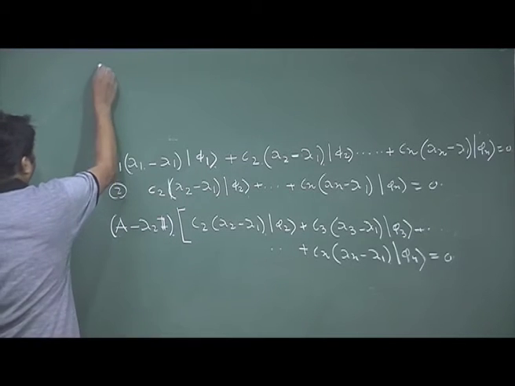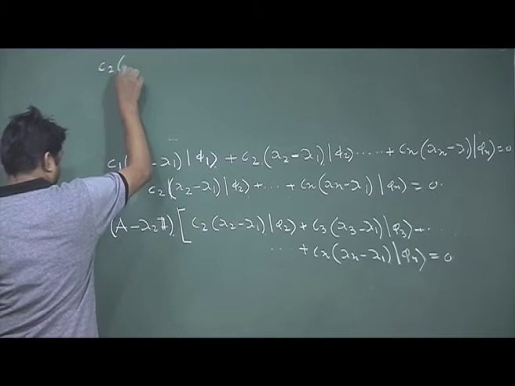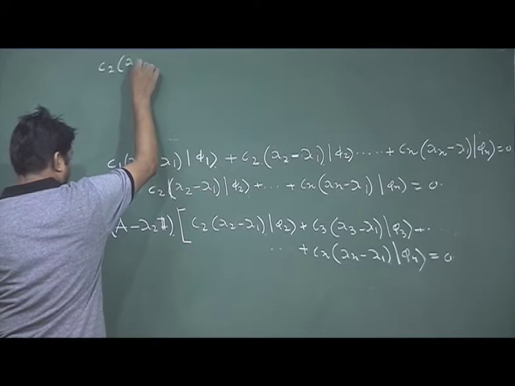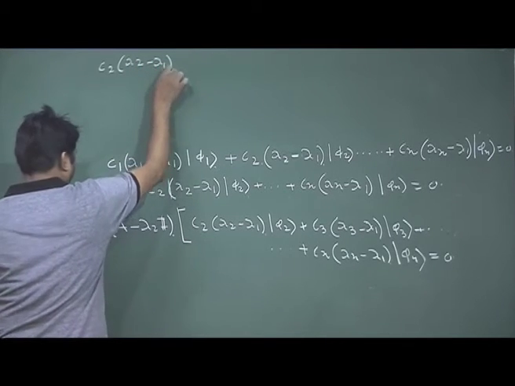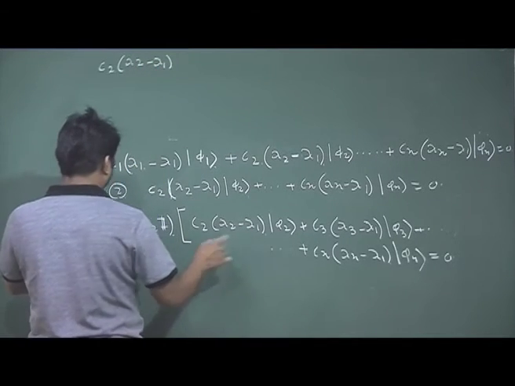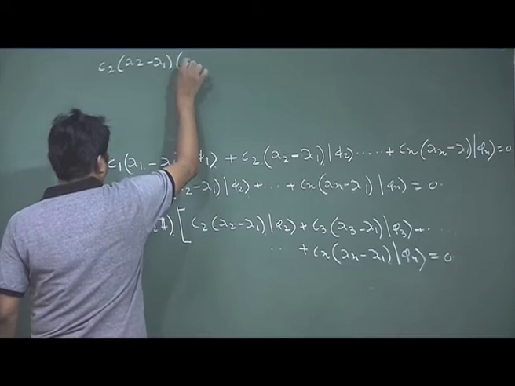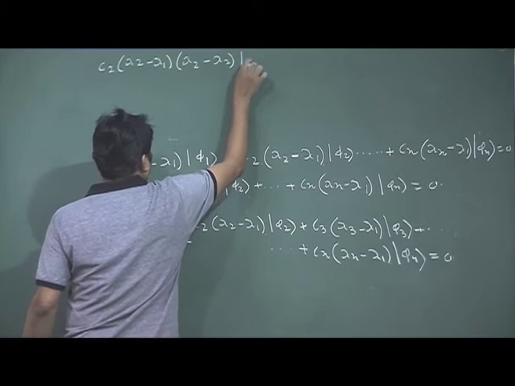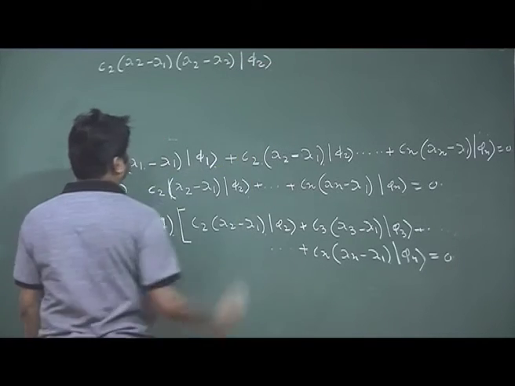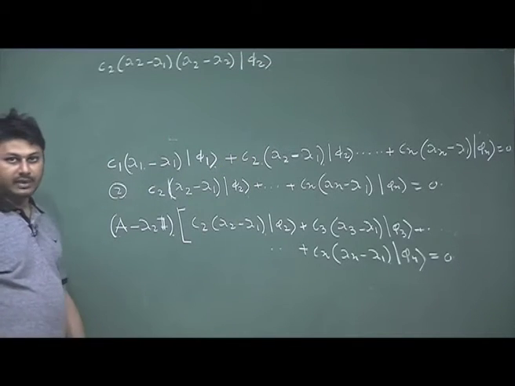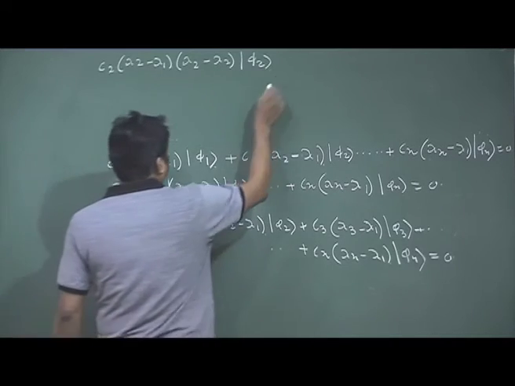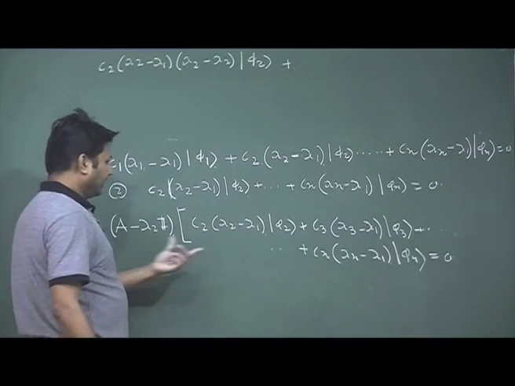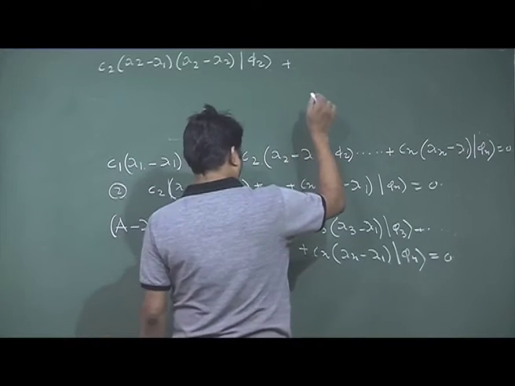My first term will be C2 multiplied by lambda 2 minus lambda 1, then A will operate over that and lambda 2. So, I will have lambda 2 minus lambda 2 phi 2, that I have. Then what will be my second term?